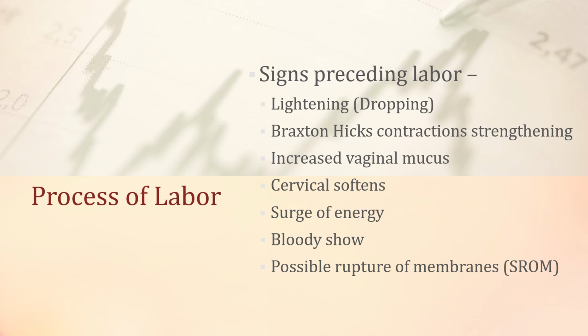And then possibly rupture of membranes. SROM is for spontaneous rupture of membranes. If you see AROM, that is artificial rupture of membranes, so that the provider broke her water. This is only a possible sign because it is very common that the water doesn't break before labor starts.